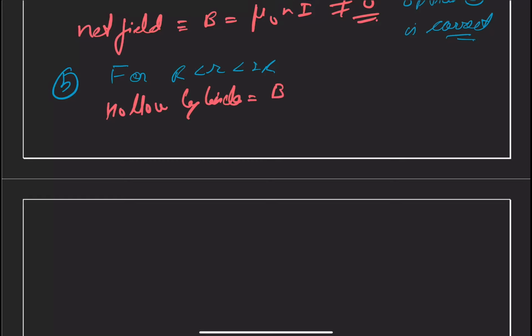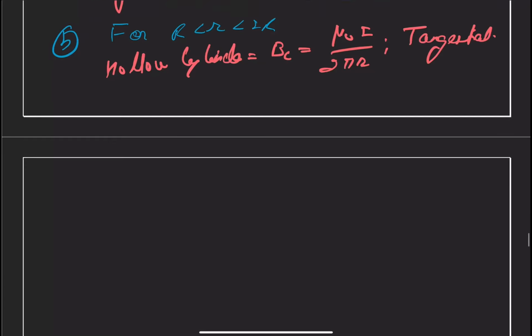Now we come to the second part, and for hollow cylinder, we have magnetic field equal to mu naught I upon 2 pi r, and it is tangential. And for solenoid, our Bs is equal to mu naught n times I, and it is axial.